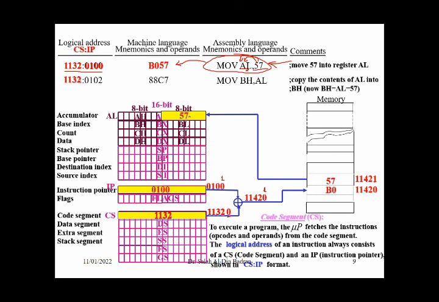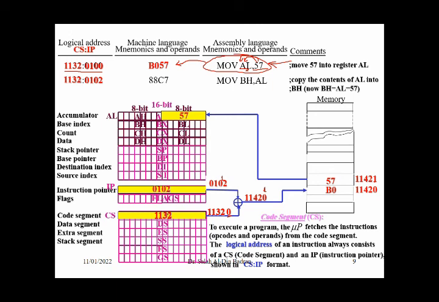1132, this is the segment, and 0101 is this one. As we said, the IP increases itself after storing and implementing this instruction. IP will increase itself by another one. It became now 0102 and will be added with CS.